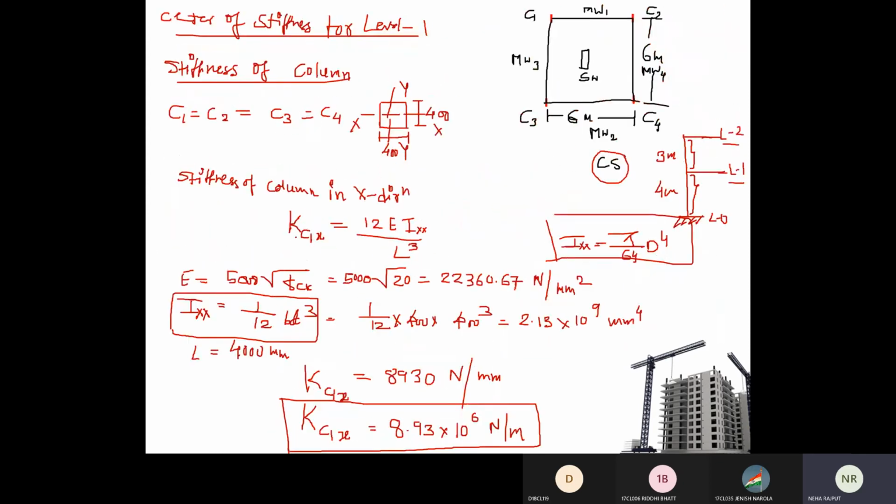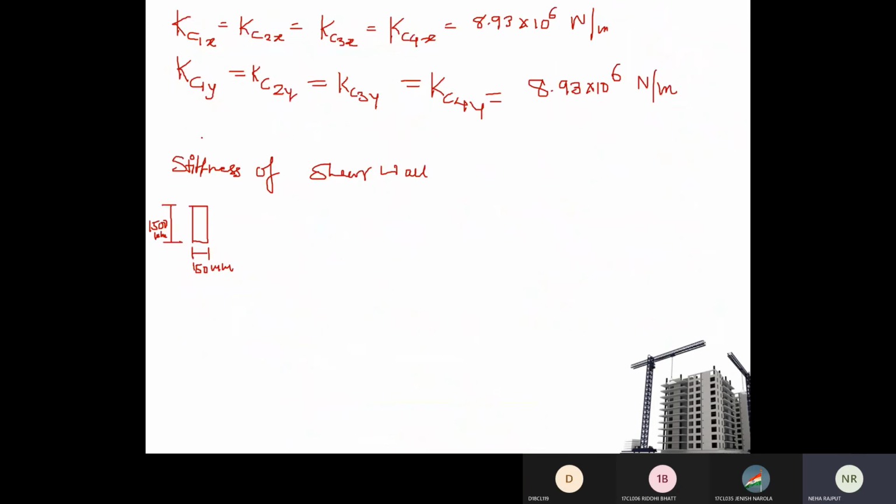First draw the orientation as the wall is given, in that same way. So this way. Right, now again stiffness of shear wall. If there are two shear walls, you don't write 1 and 2, you can write only KSW x direction is equal to, again the same equation, 12 EI by L cube.